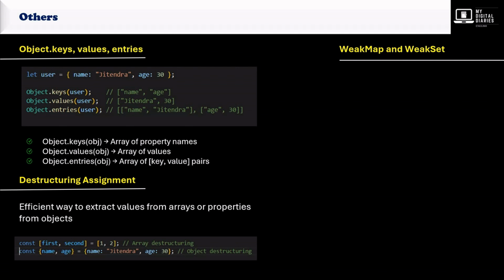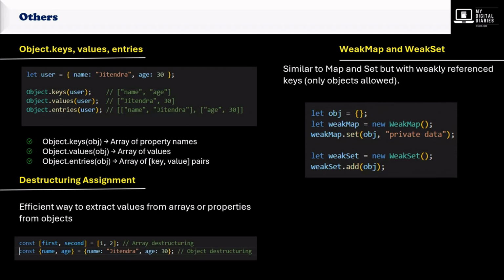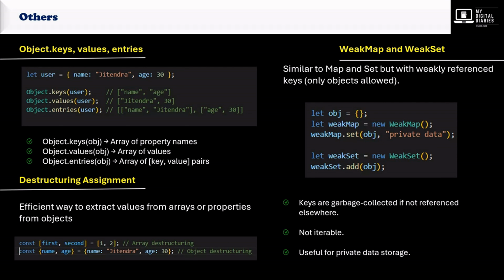And the last topic for today is WeakMap and WeakSet. These are similar to Map and Set, but with one key difference. They use weak references for keys. That means the key must be an object, not a primitive. If the object key is no longer referenced anywhere in the program, it gets garbage collected automatically.